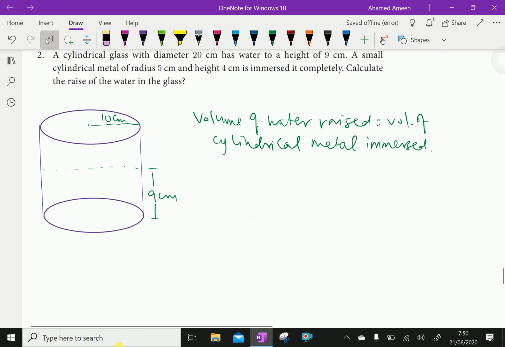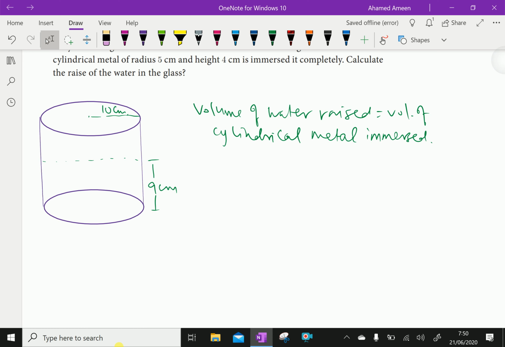That is equal, we can use pi r1 squared h1 equals pi r2 squared h2. The pi and pi cancel.